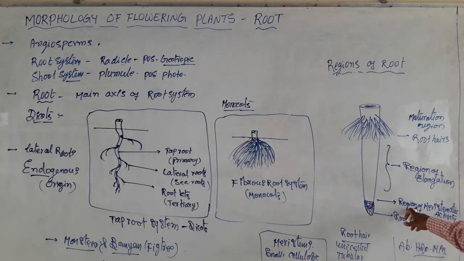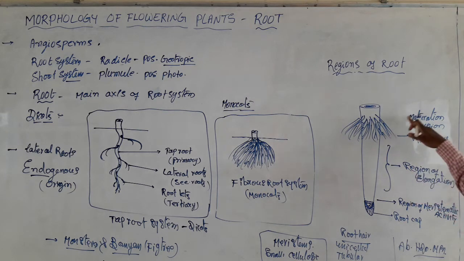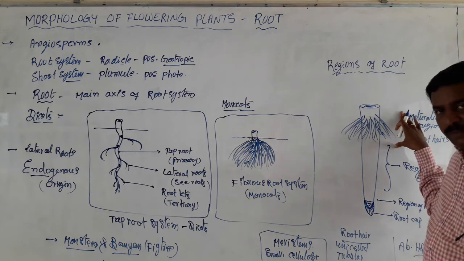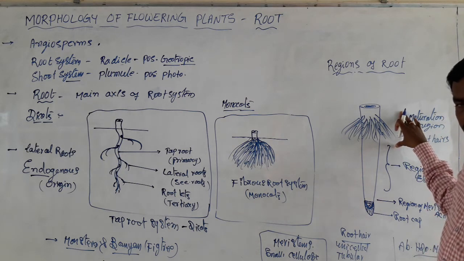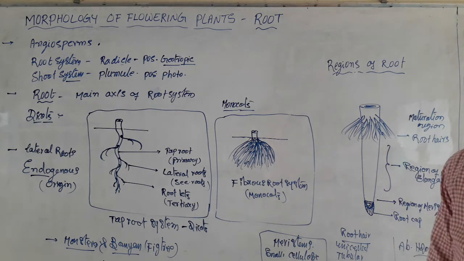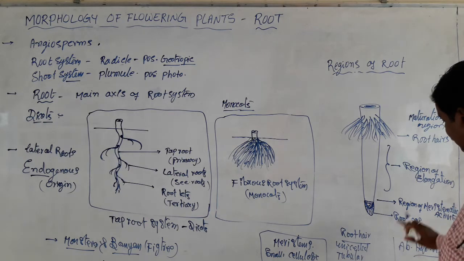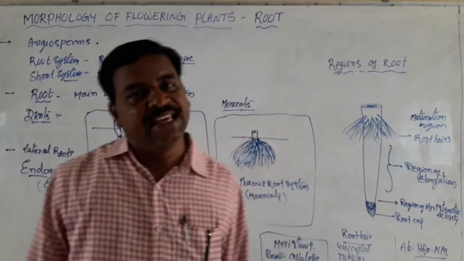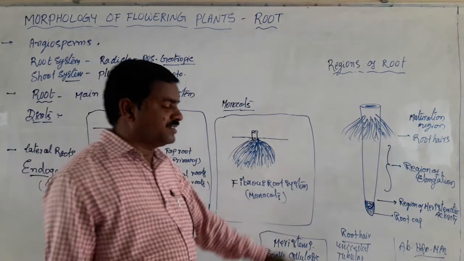One is the region of meristematic activity, second the region of elongation, and third the maturation zone, which is also considered the root hair zone. This is responsible for absorption of water and minerals from the soil. The elongation region is responsible for elongation of the root, and the region of meristematic activity is responsible for producing new cells by mitosis.